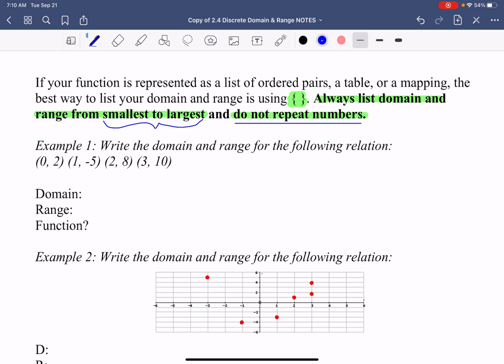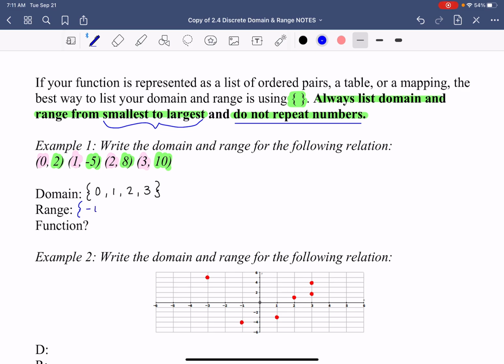So this is a set of ordered pairs. When we write our domain, it's always the first coordinate of each ordered pair, and we have to put it in numerical order, smallest to largest. So it's 0, 1, 2, 3. For our range, because range is your y coordinate, you're going to use the second part of the ordered pair, and you must put it in number order.